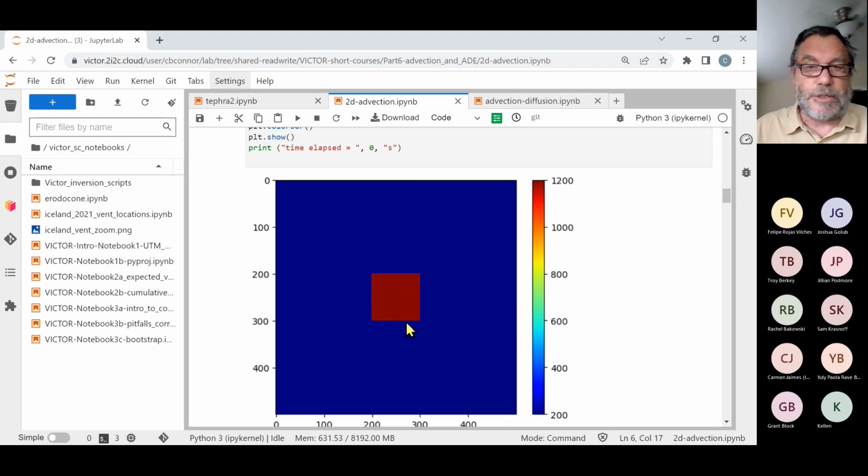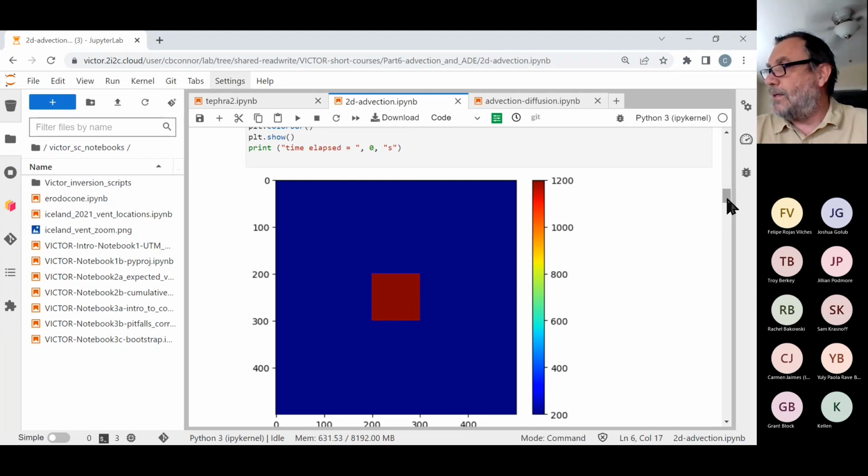So this could be temperature, it could be the concentration of a particle or a gas or something like that. And I'm just going to say that initially at time equals 0, it's located there, right? So it's sort of an instantaneous source in my problem. So a square volcanic plume has erupted into the atmosphere at a given level or something like that.